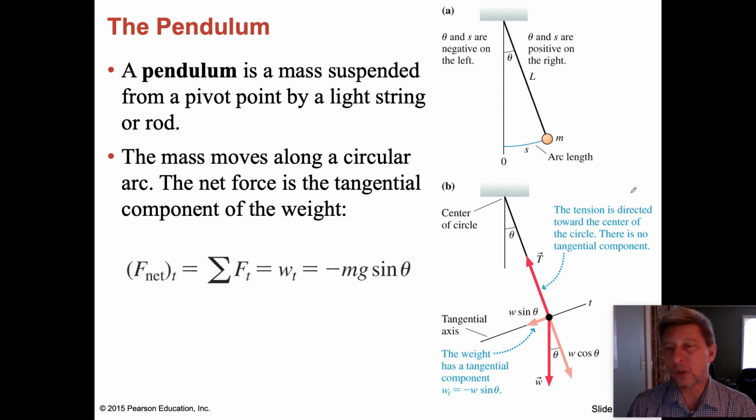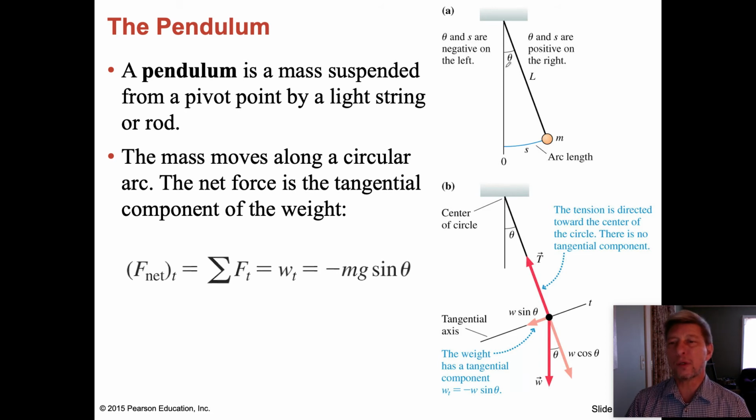A pendulum is also an interesting phenomenon to study in terms of simple harmonic motion. It's just a mass suspended from a pivot point by a string or a rod or something like that.